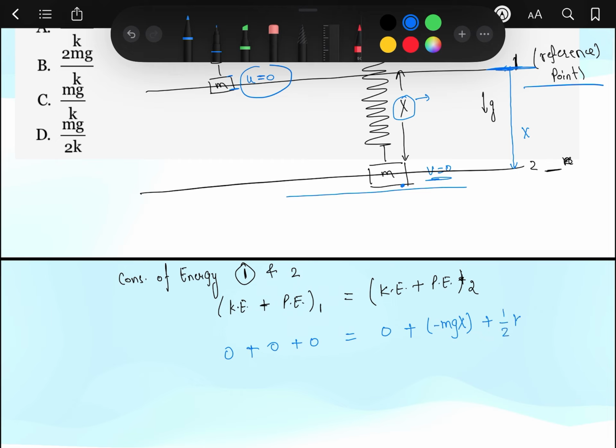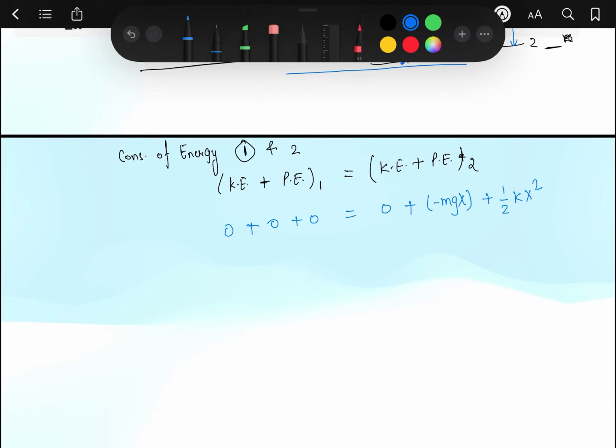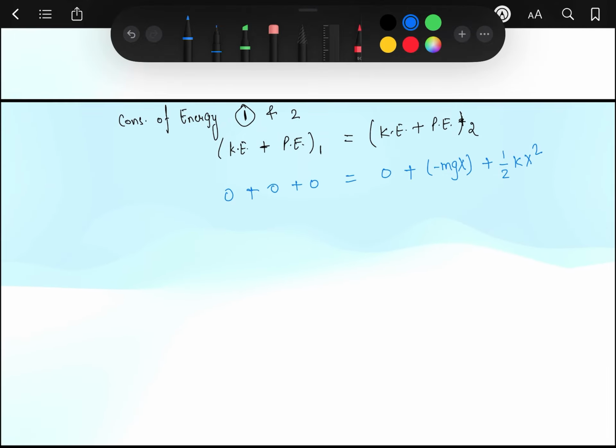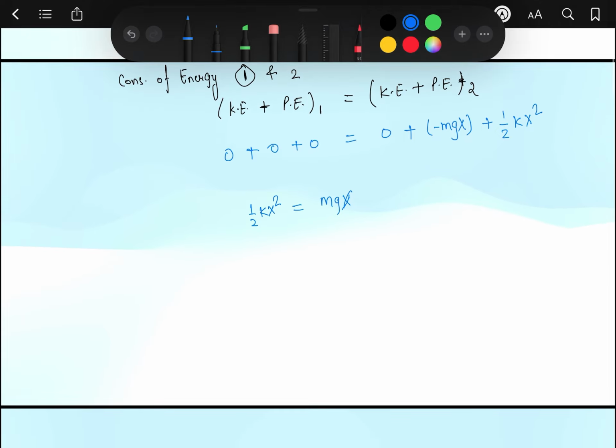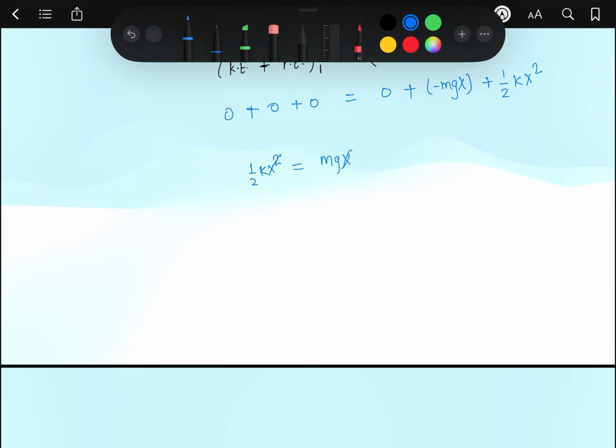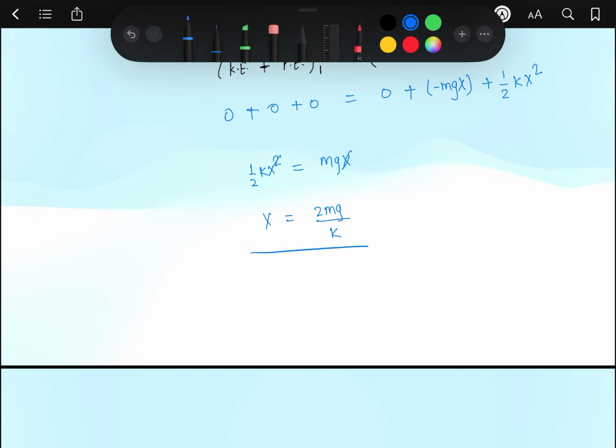So if I take this term to the other side, half kx squared will be equal to mgx. Here x will cancel out, and if I want to find the value of x, it will be equal to 2mg divided by k, right?